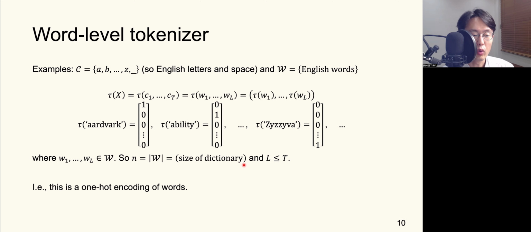The number of words contained in your dictionary is going to be equal to the output one-hot vector size. For this kind of tokenizer, the output sequence length L is going to be much shorter than the input character sequence length T, because most words consist of more than one character. So with a word level tokenizer, the output sequence length does get shortened quite a bit.